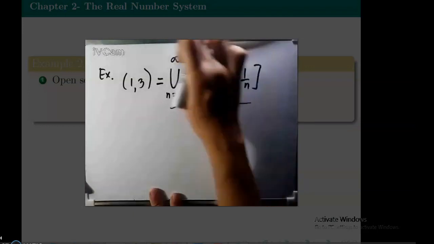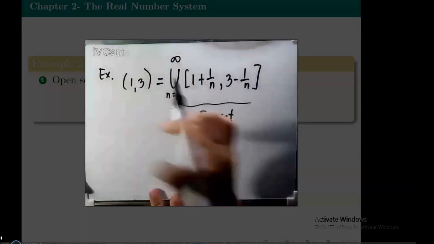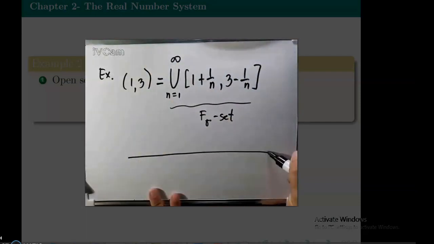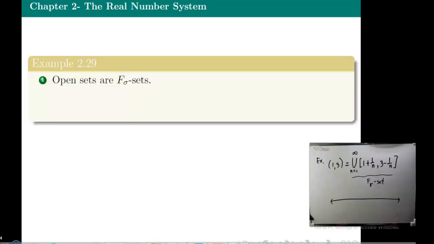So let us try to illustrate why this is equal to the open interval. Let's consider the real number line. Let's have here 1, then 3. When n is 1, we have 2, since 1 plus 1 is 2 and 3 minus 1 is 2.